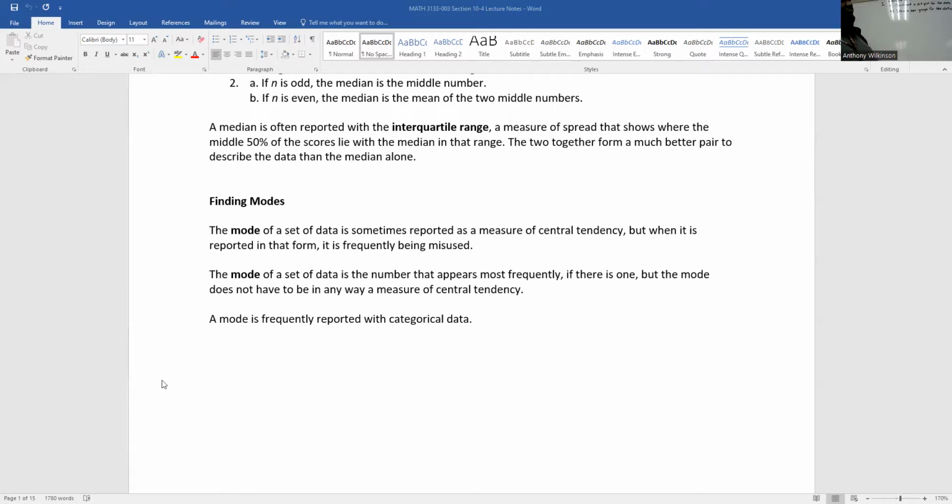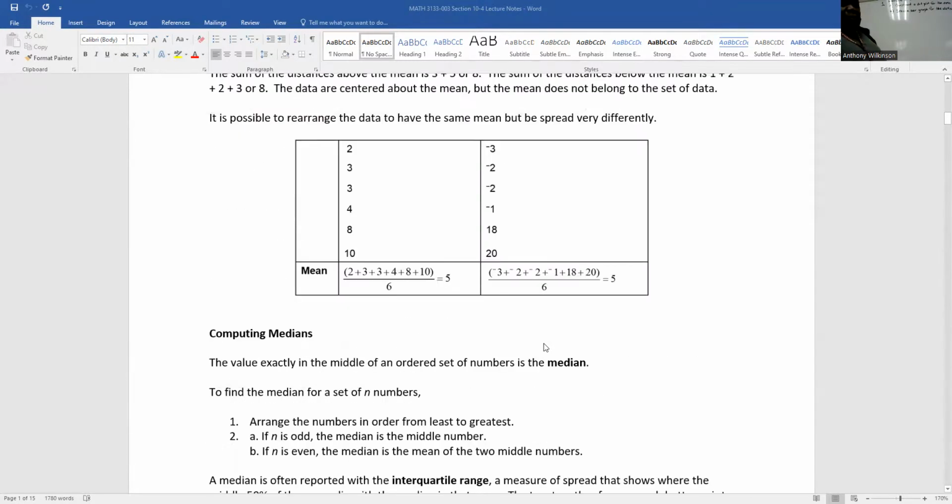Usually we report a mode with categorical data. If I go back to this table, the mode in this case would be 3, because that number occurs more often than the other numbers in that data set.